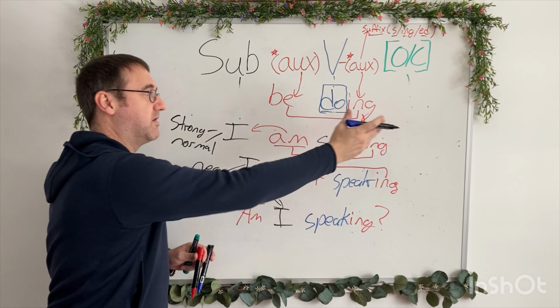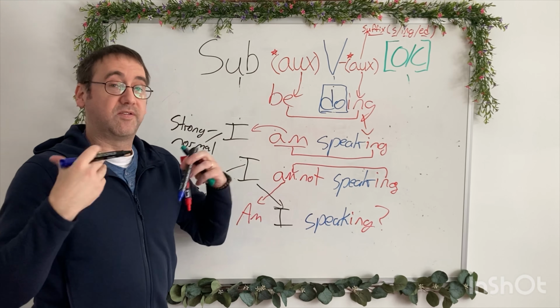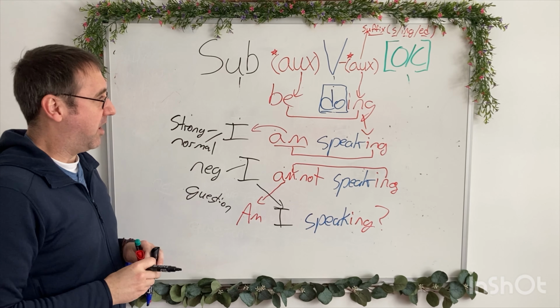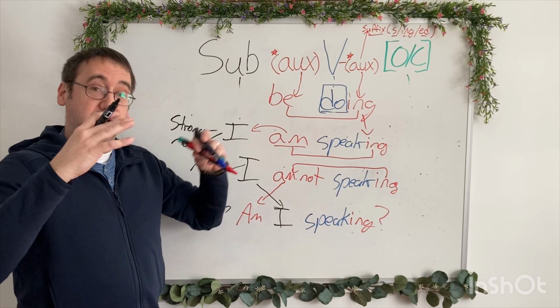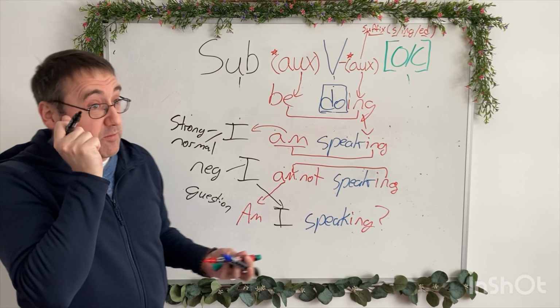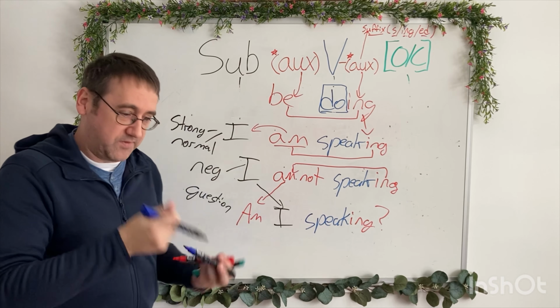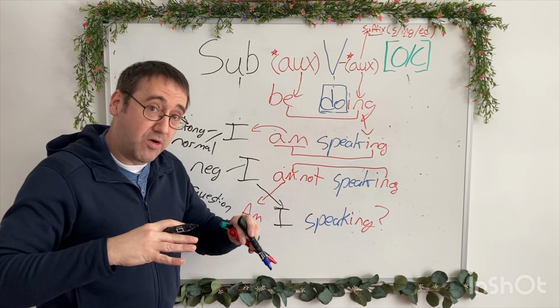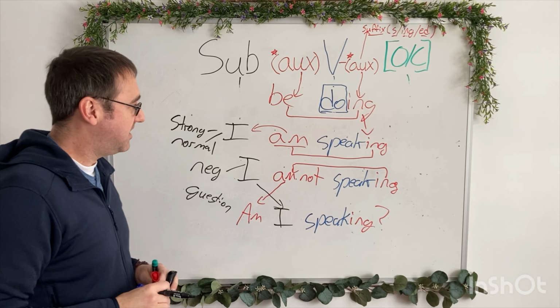So this is the auxiliary, be doing. Someone is doing something, okay? And again, what's the meaning of that? Now and not finished yet, okay? What are you doing? I'm shopping at the store, right? If you're talking on the phone, that's how you talk about the now when it's not finished, okay?